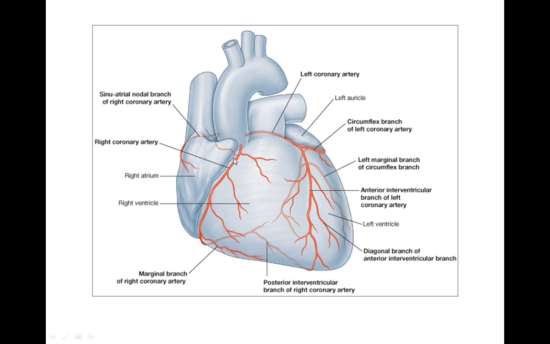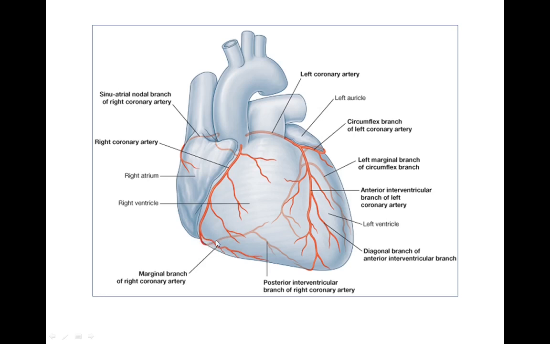Then it runs downwards and slightly towards the right side. The coronary sulcus, or atrioventricular sulcus, separates the atrium and the ventricle. So it comes through the coronary sulcus, reaches the inferior border of the heart, then goes posteriorly.